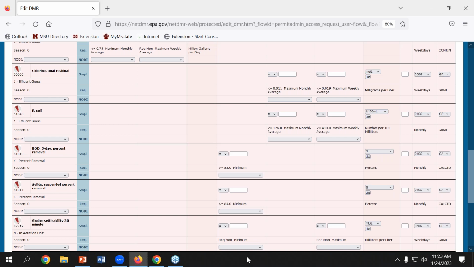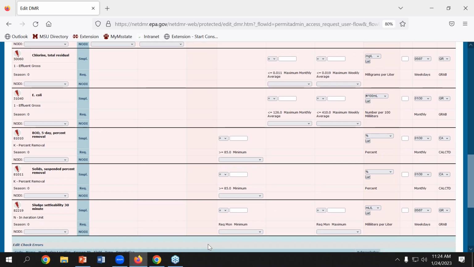For example, you've got 200 milligrams per liter of BOD entering the facility. You've got 10 milligrams per liter or 5 or 20, whatever the case may be. What percentage of that BOD was removed? We're going to do some examples of that here shortly.